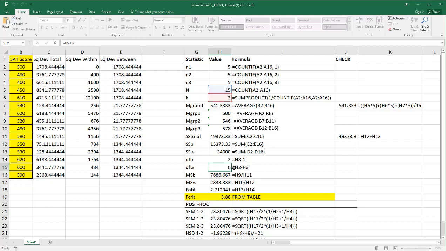So H5 minus H6, where H5 is n and H6 is k. For mean squares between, it's simply the sum of squares between divided by degrees of freedom between. And for mean squares within, it's going to be the sum of squares within divided by degrees of freedom within.